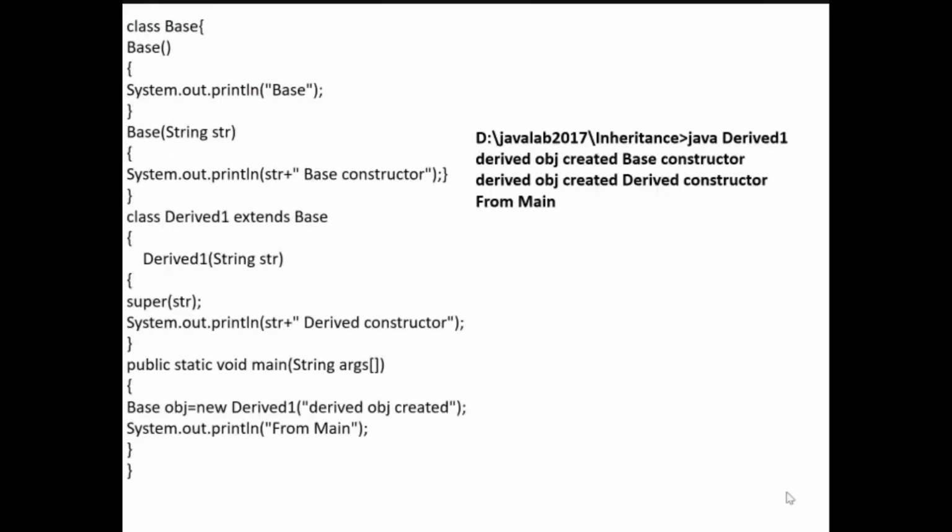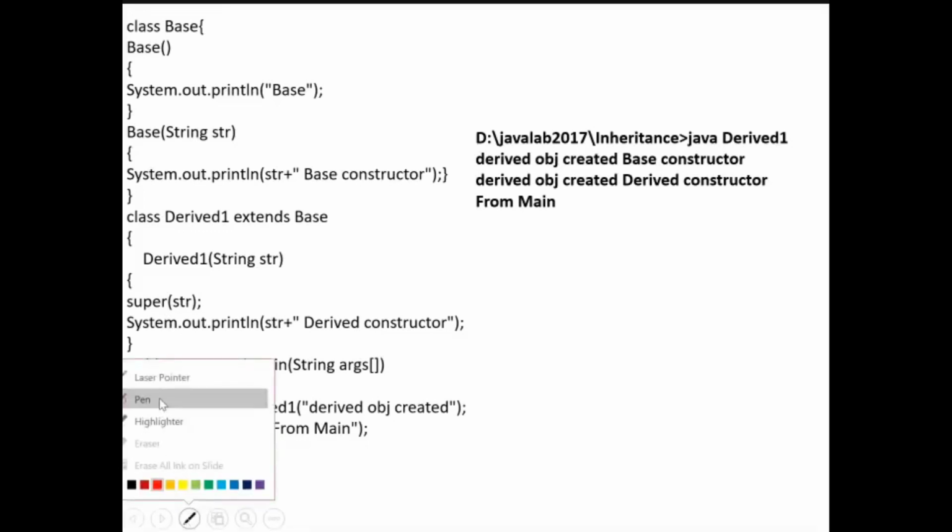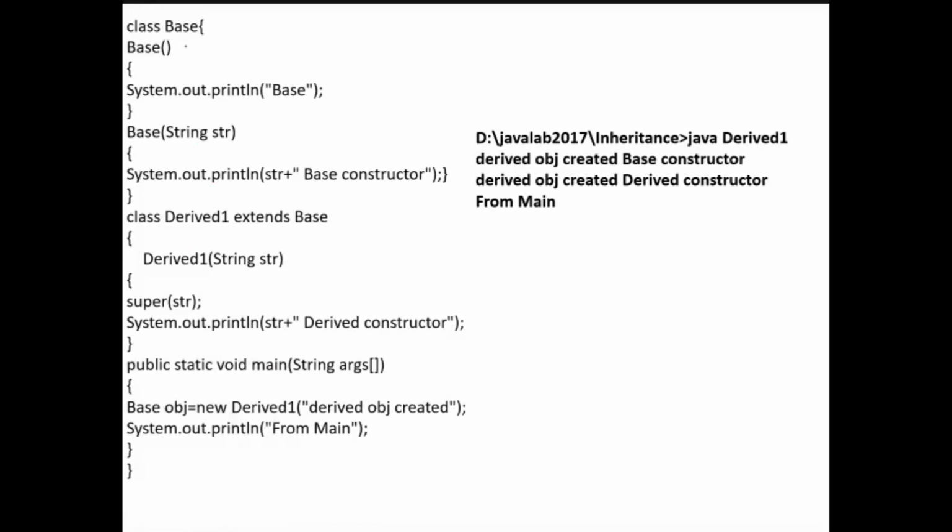Next, I told you that from a derived class constructor, if you want to call any parameterized constructor of the super class, we need to use the keyword super. So I will show you an example. Here is class base.